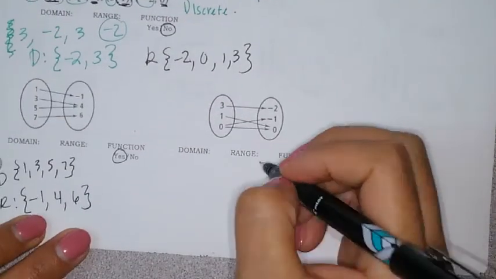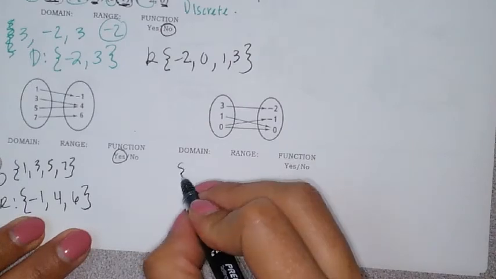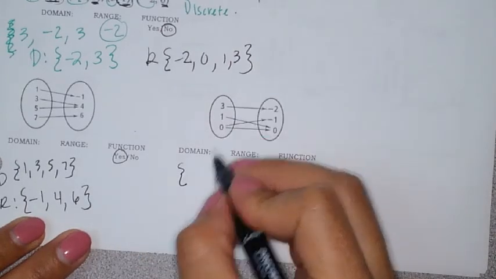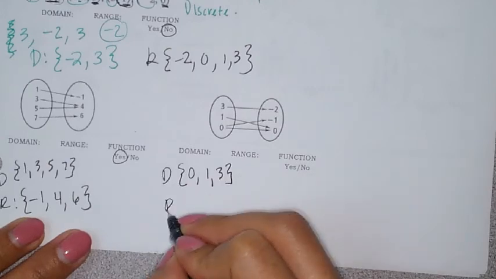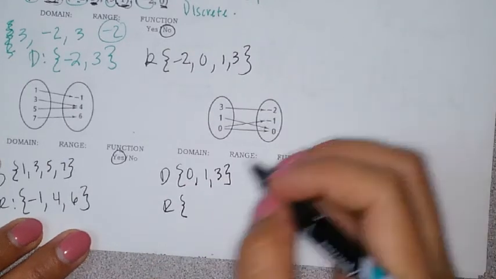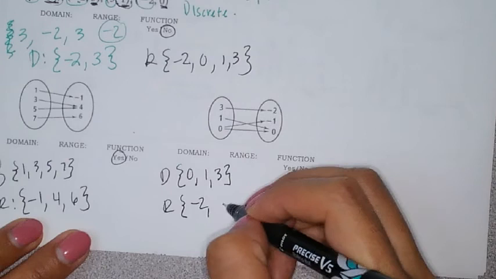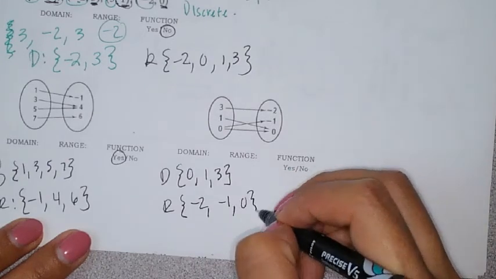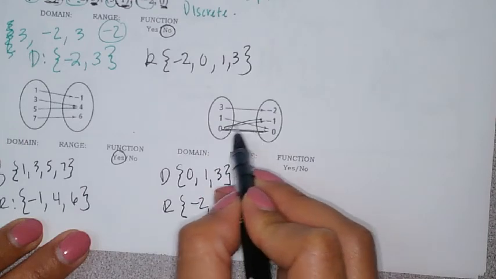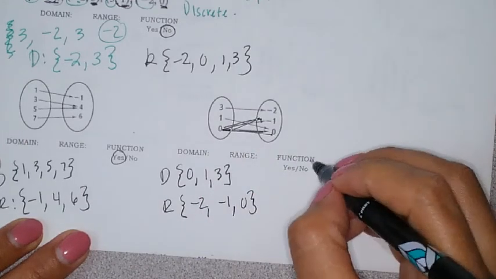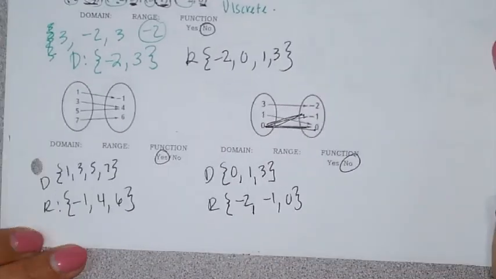Over here, my domain, I put it in numerical order, 0, 1, and 3. My range, I put it in numerical order, -2, -1, 0. It looks like 0 has 2 different outputs here, so not a function.